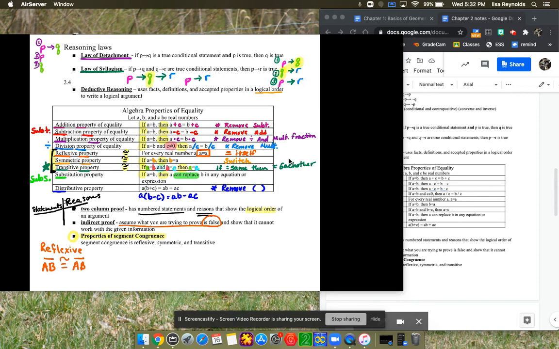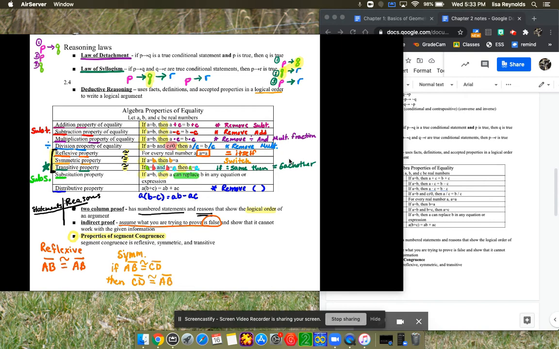The symmetric property would simply state that if we have a congruent statement, then we can switch the order of that congruent statement.